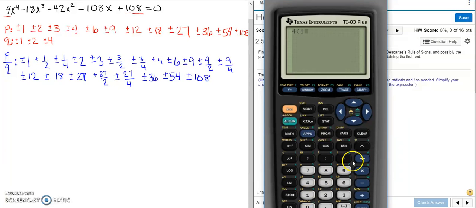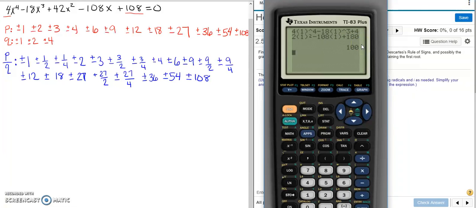And then 1 to the 4th minus 18 times 1 to the 3rd plus 42 times 1 squared minus 108 times 1 plus 108. And I hit enter, and that didn't equal 0, so 1 doesn't work.